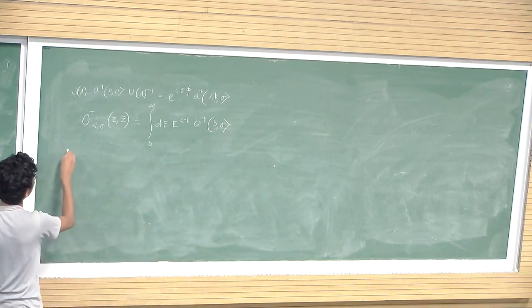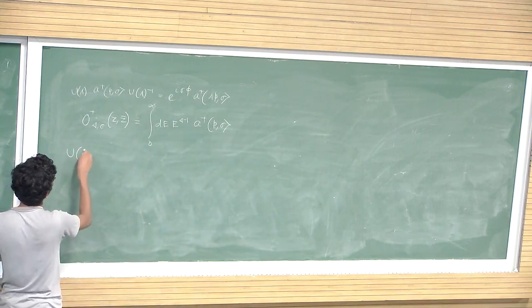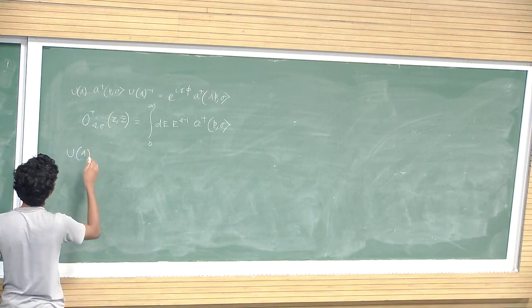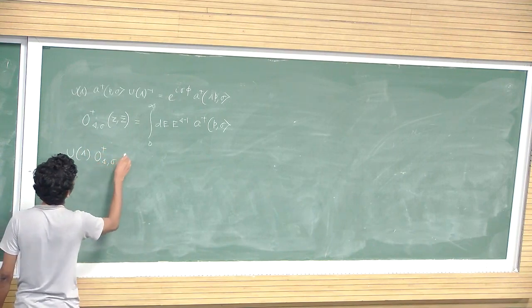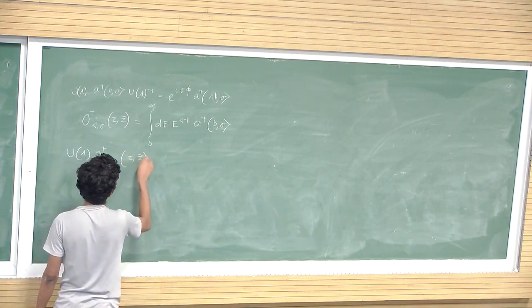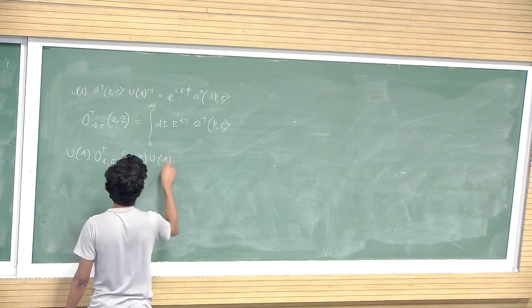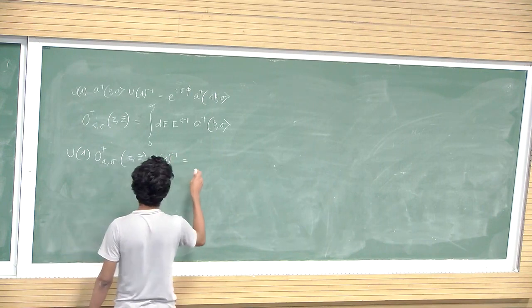Similarly you can calculate the SL2C transformation of this object o dagger delta comma sigma, and you can see that it will also transform in the same way.